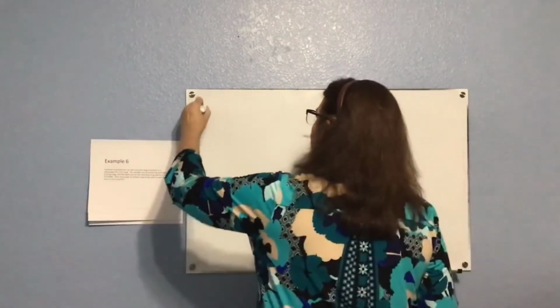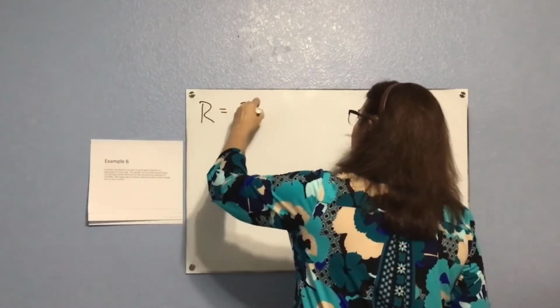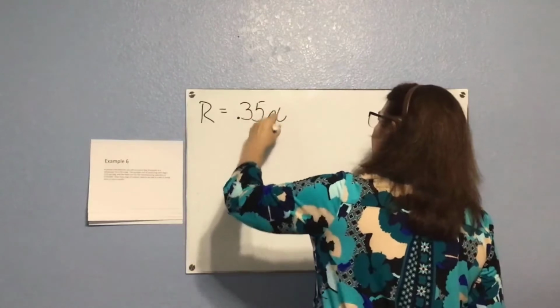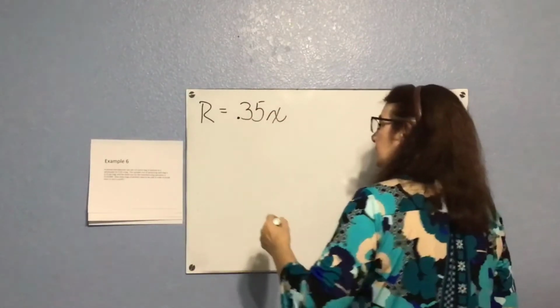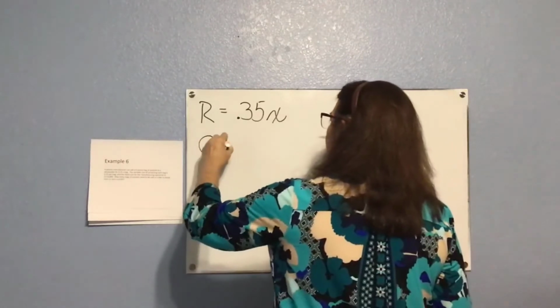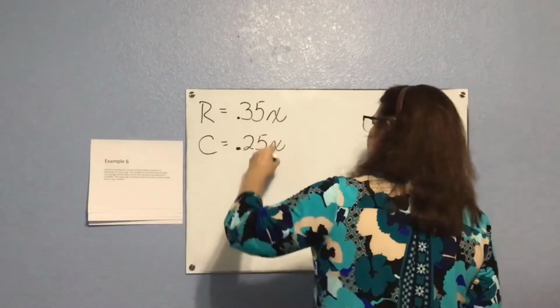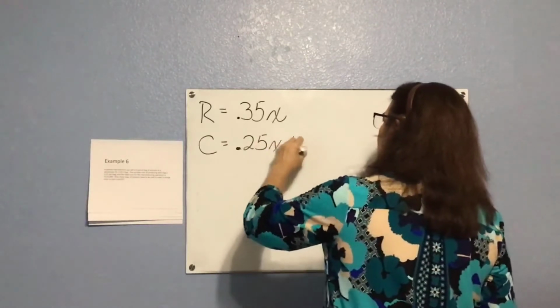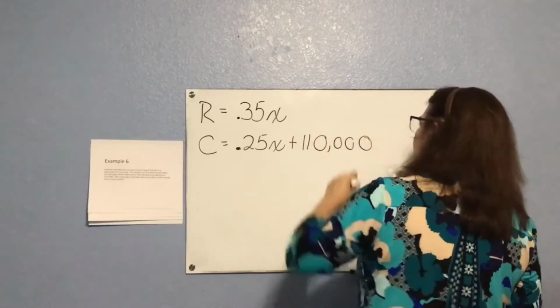Okay, my revenue to the wholesaler is 0.35 times x. I can sell these bags for 35 cents a piece. My cost is 0.25x, that's the variable cost, plus $110,000.